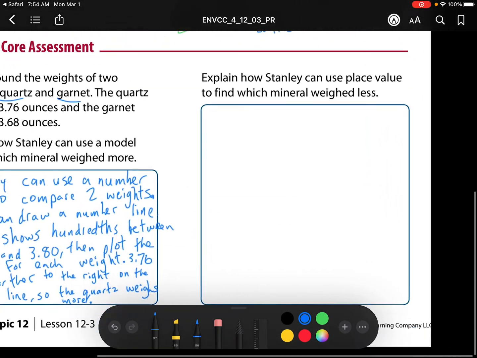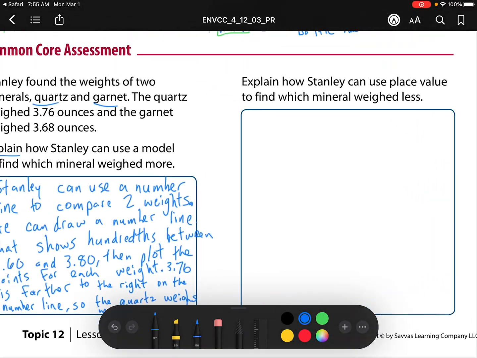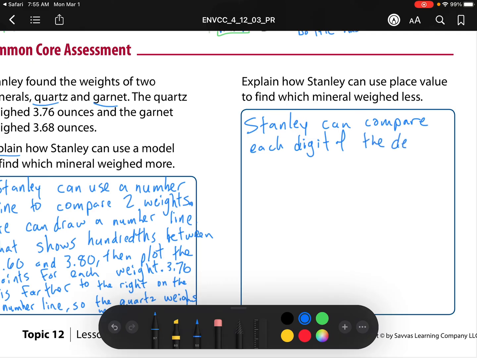Now, for our last one, explain how Stanley can use place value to find which mineral weighs more. So Stanley can compare each digit of the decimals starting from the left.